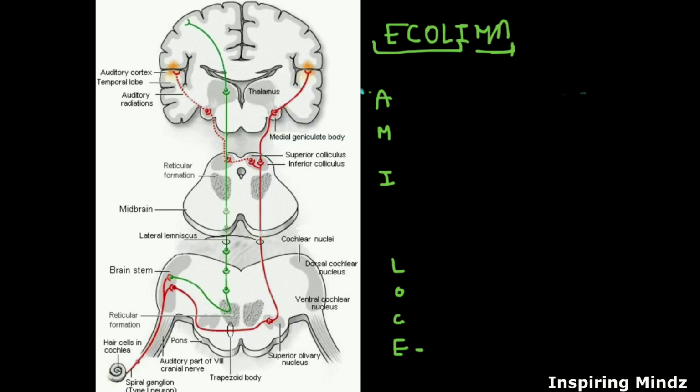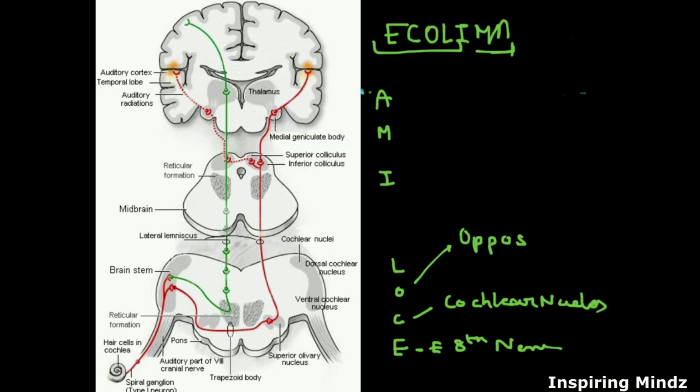From E I mean eighth nerve. From C I mean cochlear nucleus. From O I mean opposite and olivary nucleus.